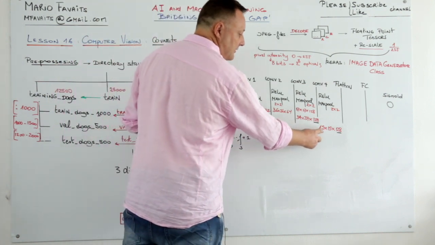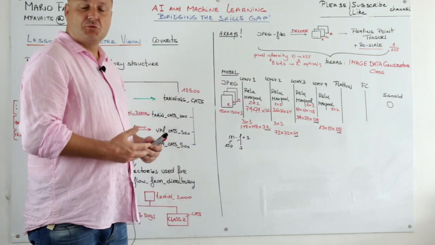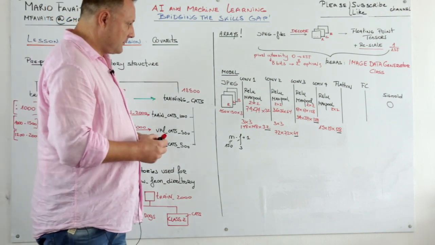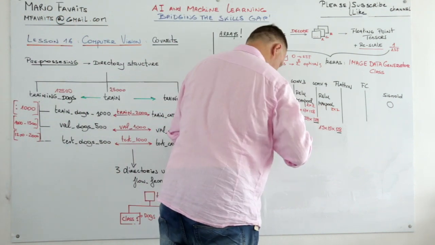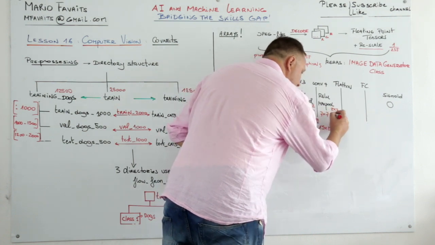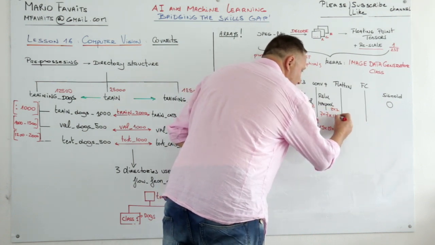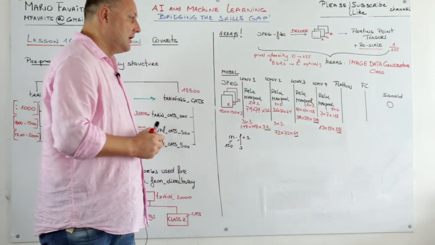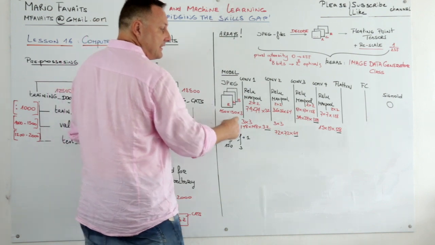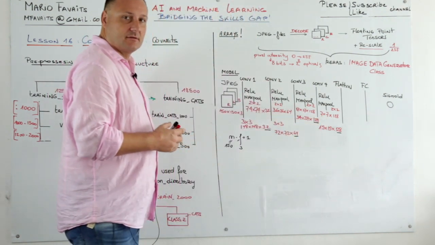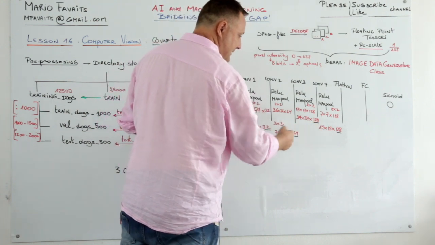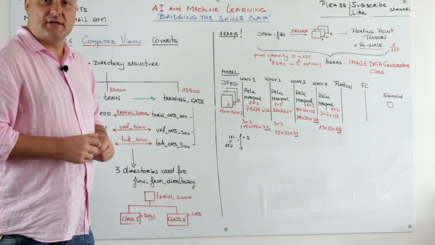So we divide this by 2, which would be 7.5, but of course we can't work with halves. So we're going to use 7. So this will be a 7 times 7 times 128. So here you see you go from 150 by 150 to a 7 by 7. The number of channels is increasing, the size of the image is decreasing.